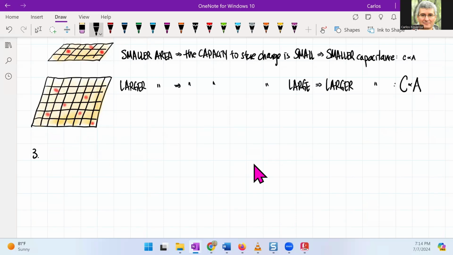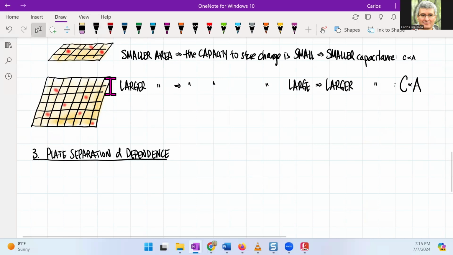And this is going to be about the plate separation, little d dependence of a capacitor. Now this one requires a little bit more work.